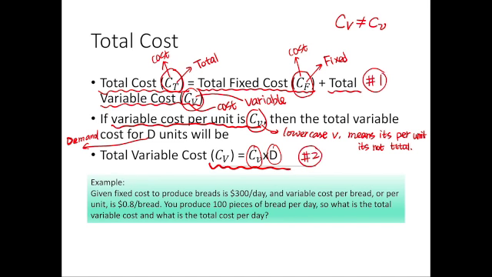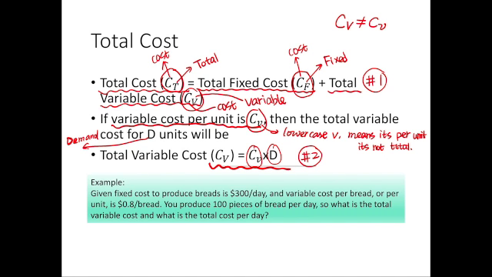So if you want to calculate the total cost, you need to determine the total CF and the total C uppercase V. And sometimes the total variable cost is not given. What you have is the variable cost per unit, the C lowercase v.